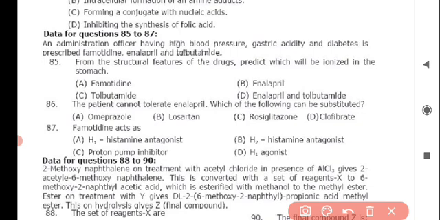And the correct answer is option A, famotidine. Next question, the patient cannot tolerate enalapril. Which of the following can be substituted? And the correct answer is option B, that is losartan. Next question is, famotidine acts as, and the correct answer is option B, H2 histamine antagonist.